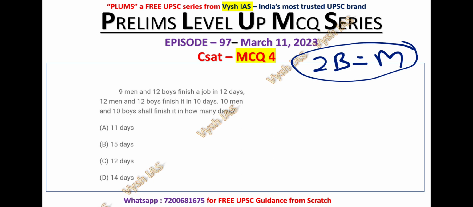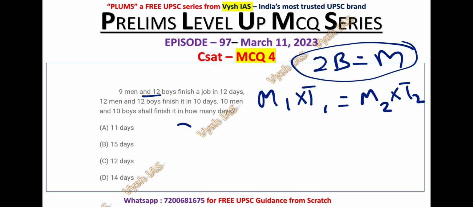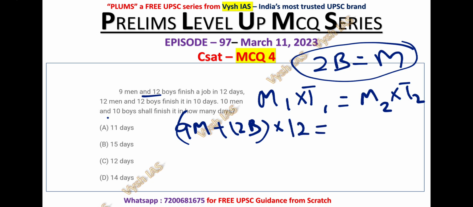So we can equate any things, like for example, let's take the same M1 T1 equals M2 T2. I'm not taking work because work gets cancelled. M1 in the first case is 9 men plus 12 boys into T1, which is 12 days. M2 in this case is 10 men plus 10 boys.